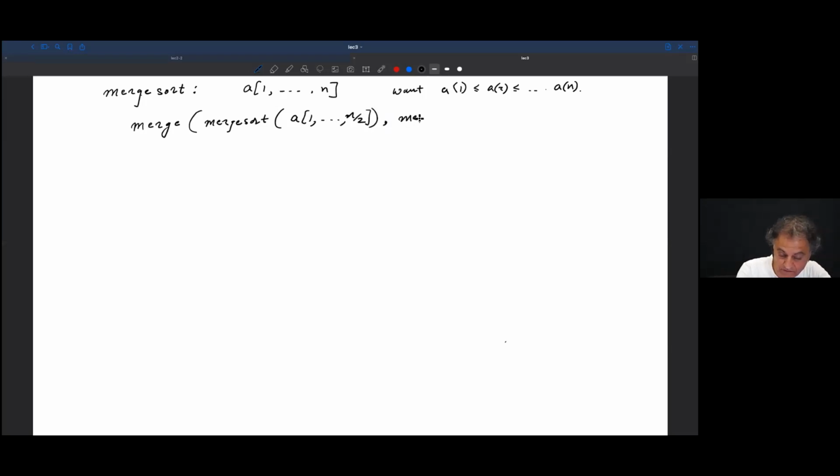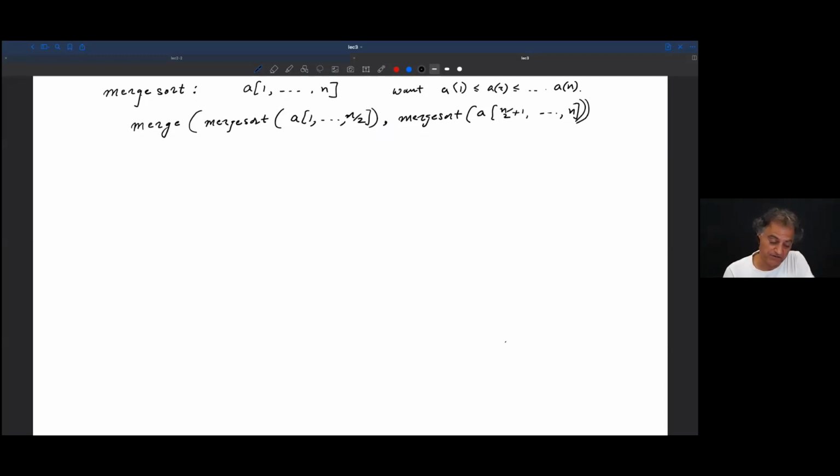And you also run merge sort on A n over 2 plus 1 through n. And I'm assuming n is even, so all this is okay. And then once you get back these sorted lists of n over 2 elements, then you merge them together. And merging takes linear time.